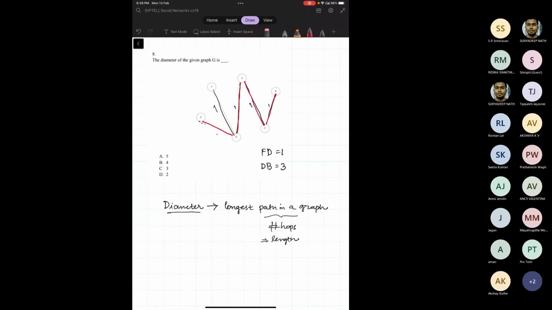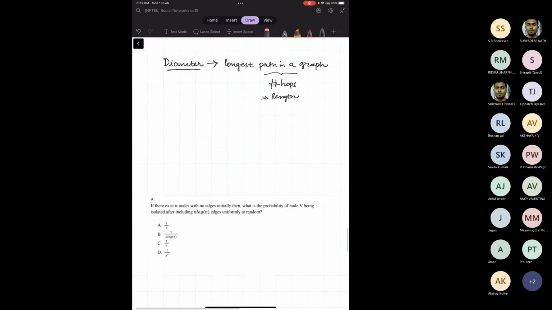That is 1, 2, 3, 4. Do you see any path between any two pair of nodes that is more than 4 over here? I guess not. So the right answer is 4. That is the diameter of the graph. This was a simple question.